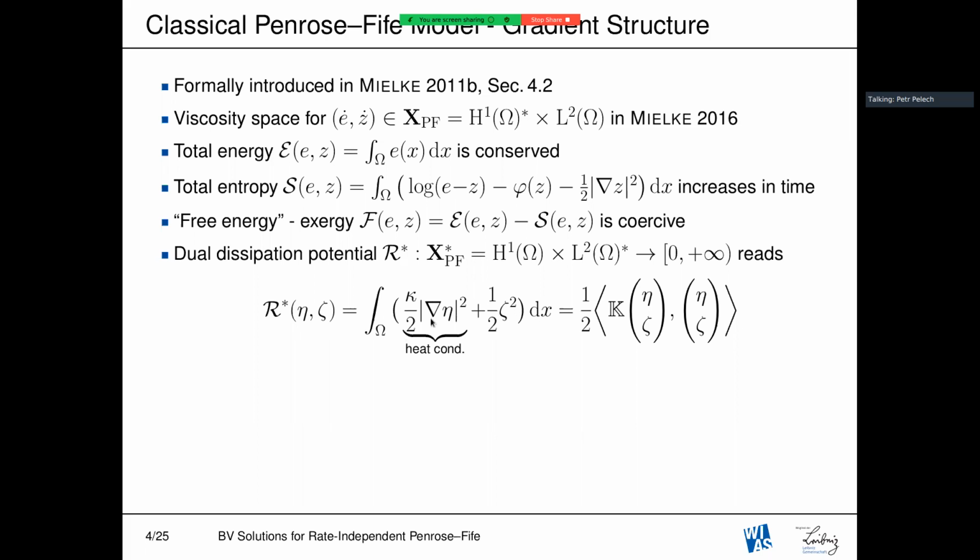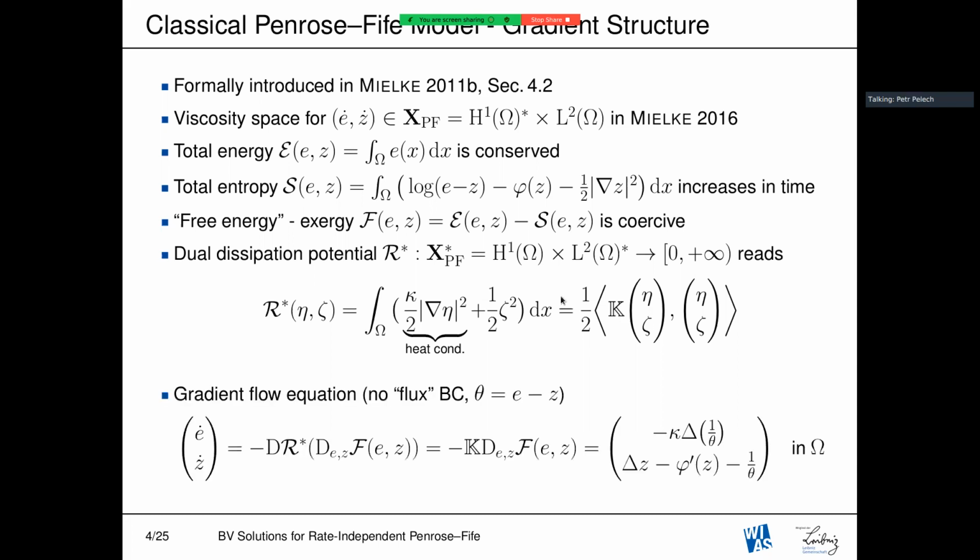So the first term is responsible for heat production. This then yields the conservation law of the conservation of energy, and the Allen-Cahn equation has just an L2 scalar product. And we denoted by duality some operator K. So that's a quadratic functional.